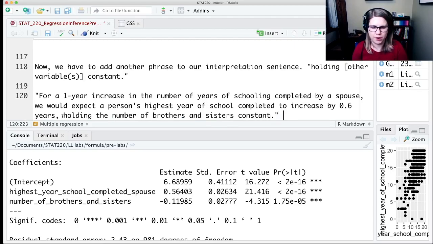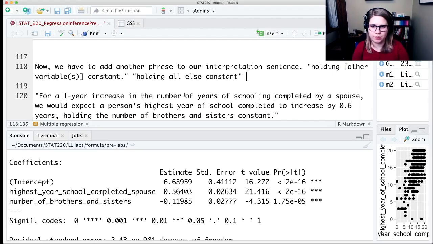So if you had more variables, you would say holding the first variable and the second variable and the third variable constant. In this case, I'm going to say holding the number of brothers and sisters constant. The other thing that I can say is holding all else constant, if I have too many variables that I don't want to write them all out.